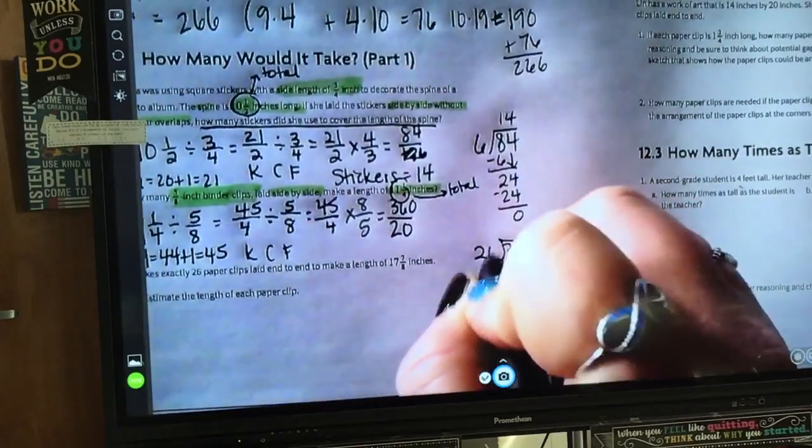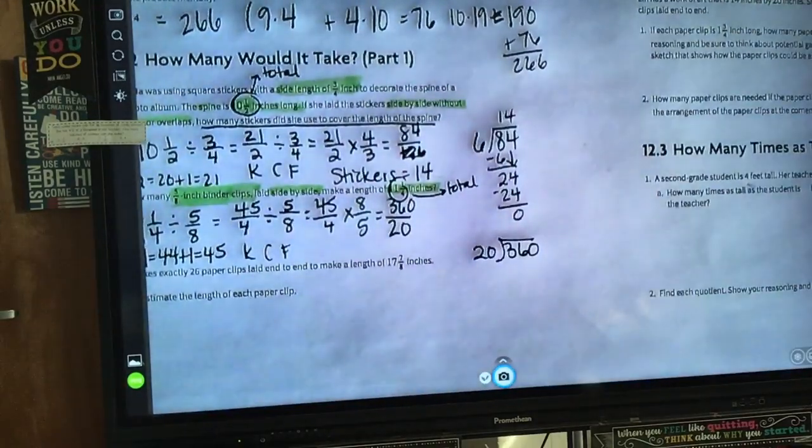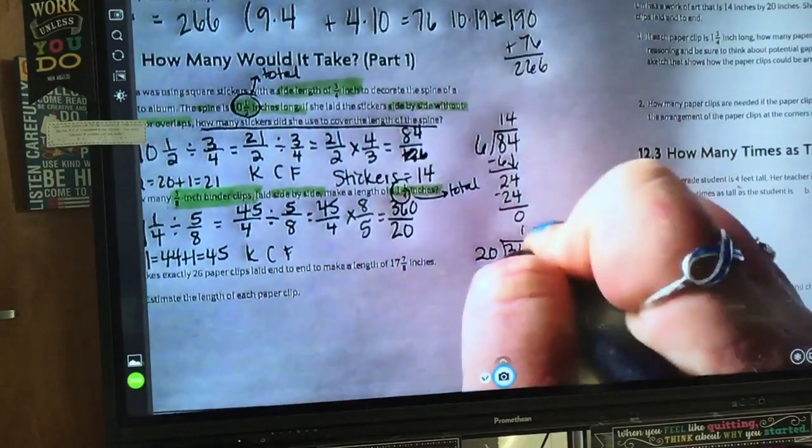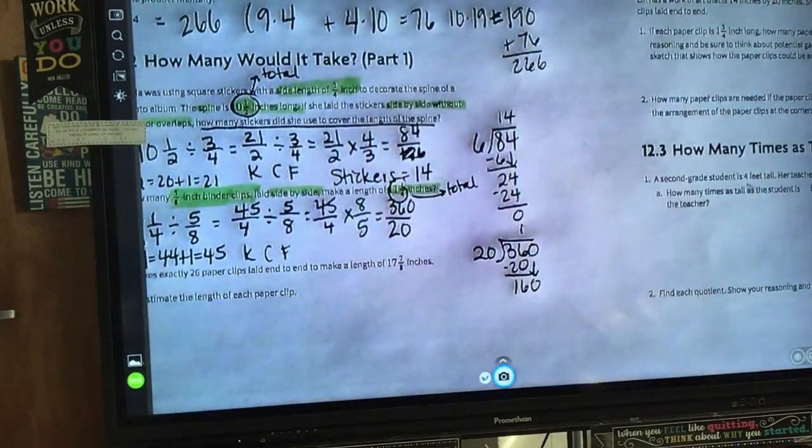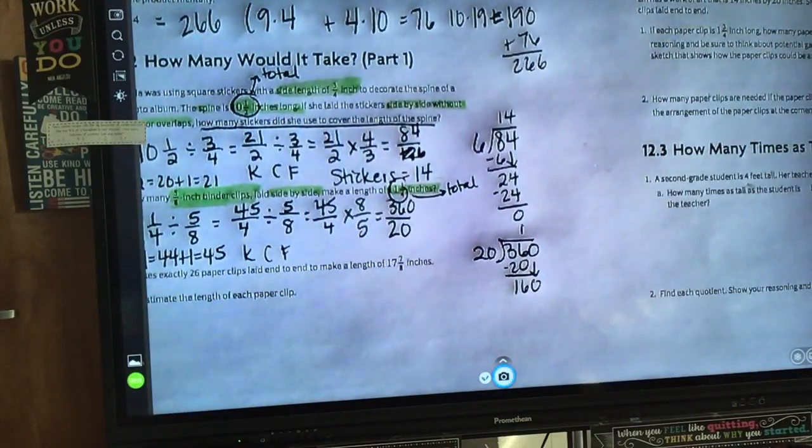360 divided by 20. How many times does 20 go into 36? Olivia? And how many times does 20 go into 16? Wyatt? How many times does 20 go in, I'm sorry, not 16. How many times does 20 go into 160?